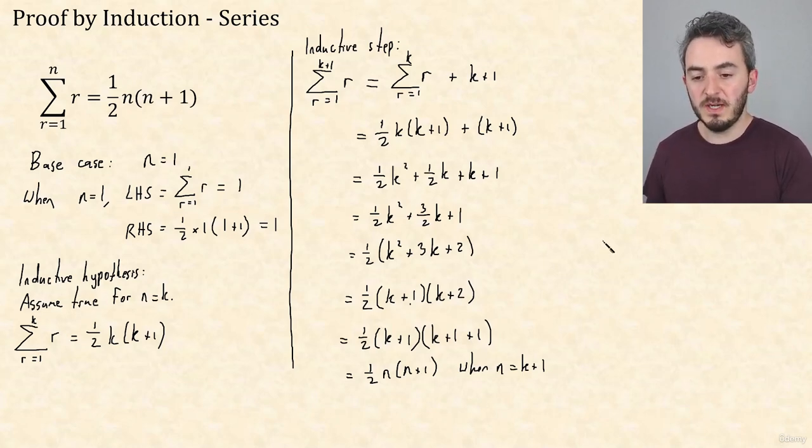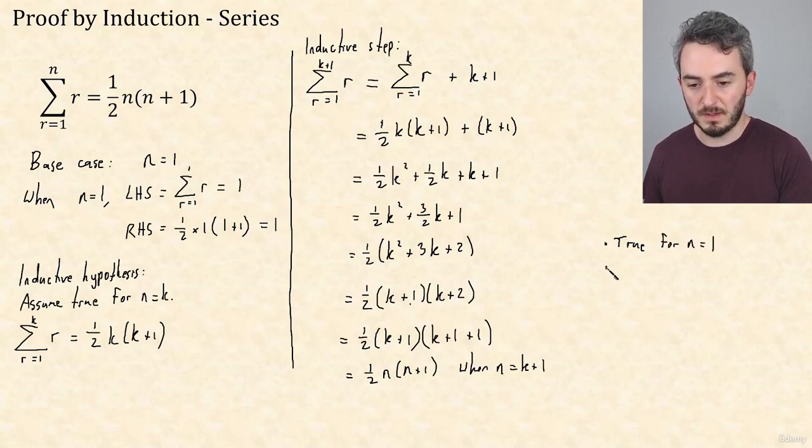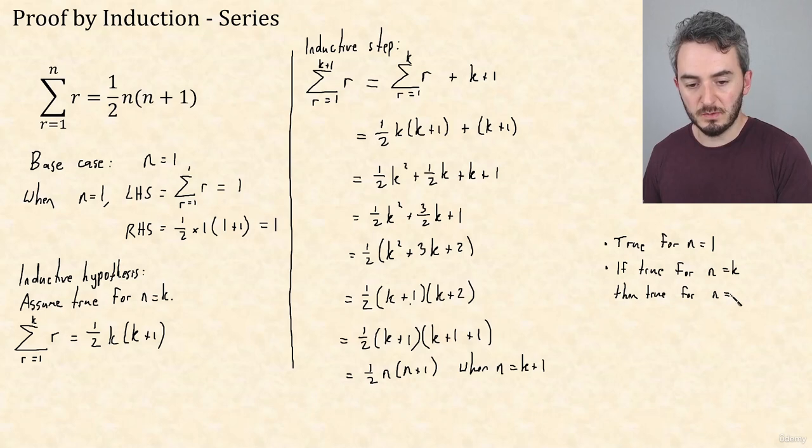And your conclusion really needs to have two premises and a conclusion. So we have to point out that it is true for n equals 1. And if true for n equals k, then true for n equals k plus 1.